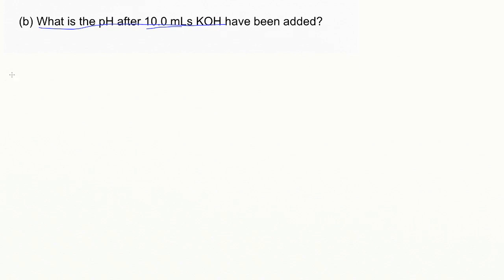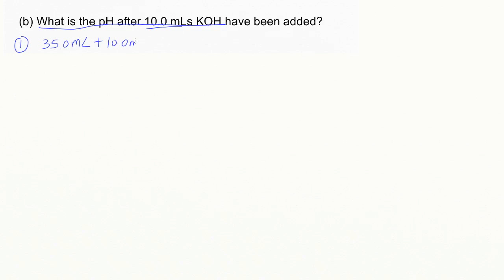Alright, the first step is to find the total volume of the reaction solution after you add 10 ml of potassium hydroxide. Remember, you start from 35 ml of hydrogen bromide. So the total volume would be 35.0 ml plus 10.0 ml.